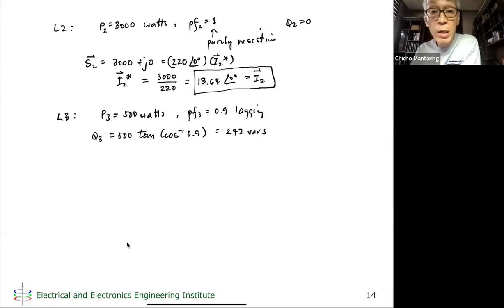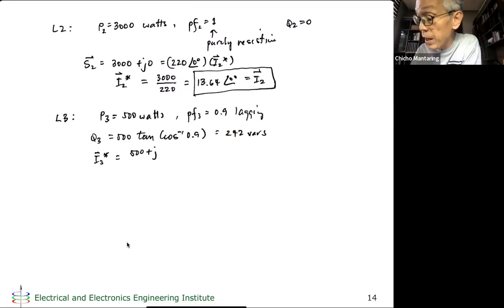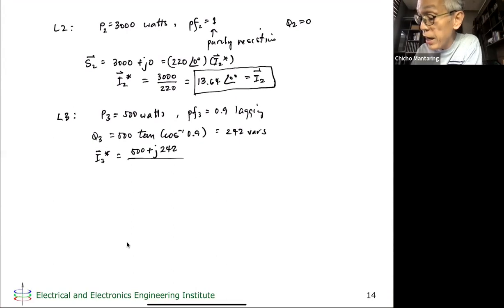I3 conjugate is my real part, 500, plus j242, my imaginary part, divided by V. V is 220 at an angle 0.